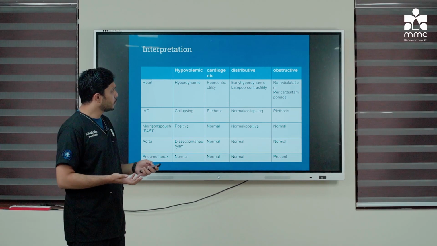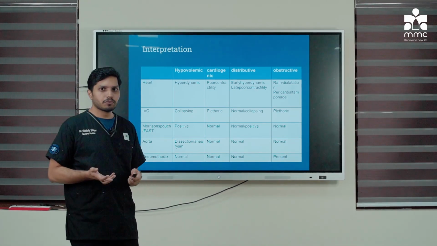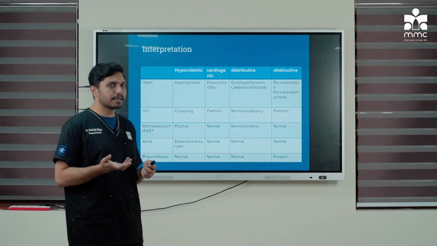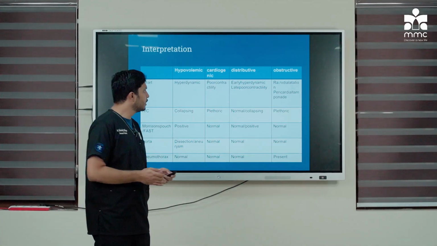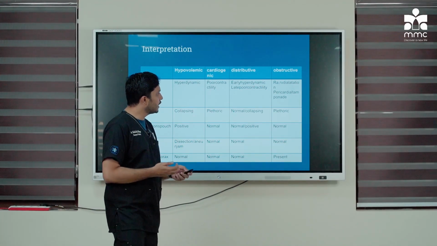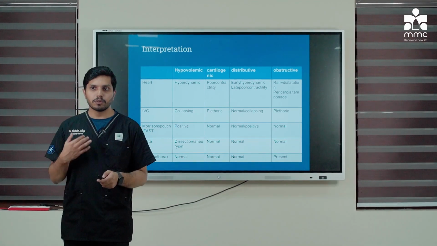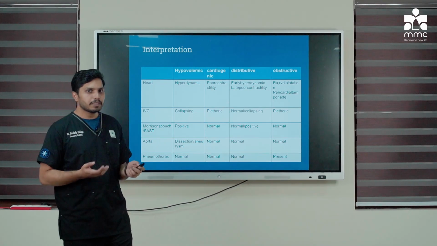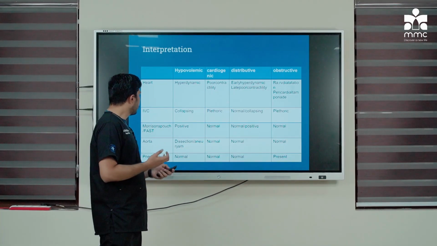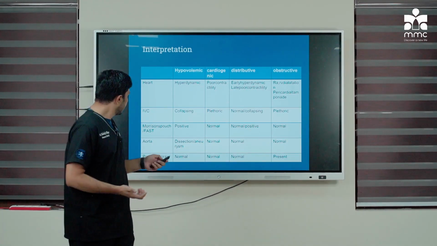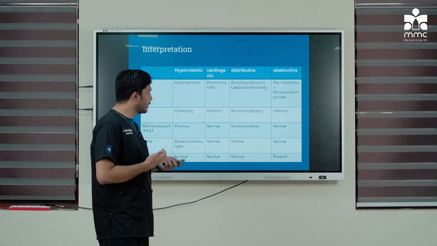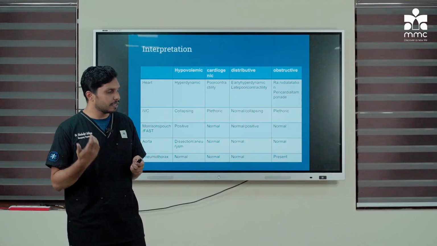Coming to obstructive shock, as already discussed in the heart, we look for RA-RV dilatation, right atrial and right ventricular dilatation, and we are supposed to look for pericardial tamponade. So it is fluid around the heart. And the IVC for them may be plethoric, Morrison's pouch will be normal, the aorta may be normal, and in some tension pneumothorax we can see a pneumothorax also.